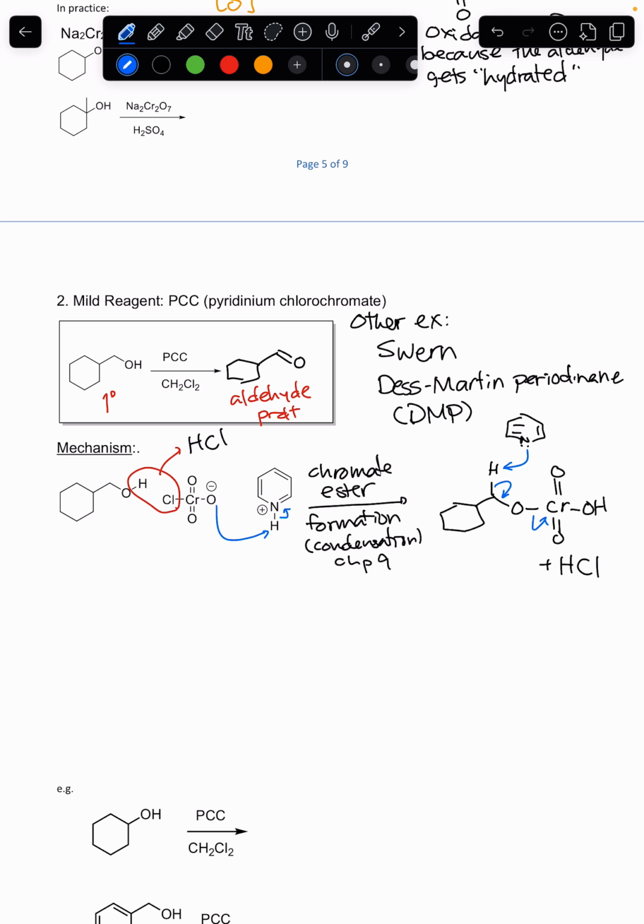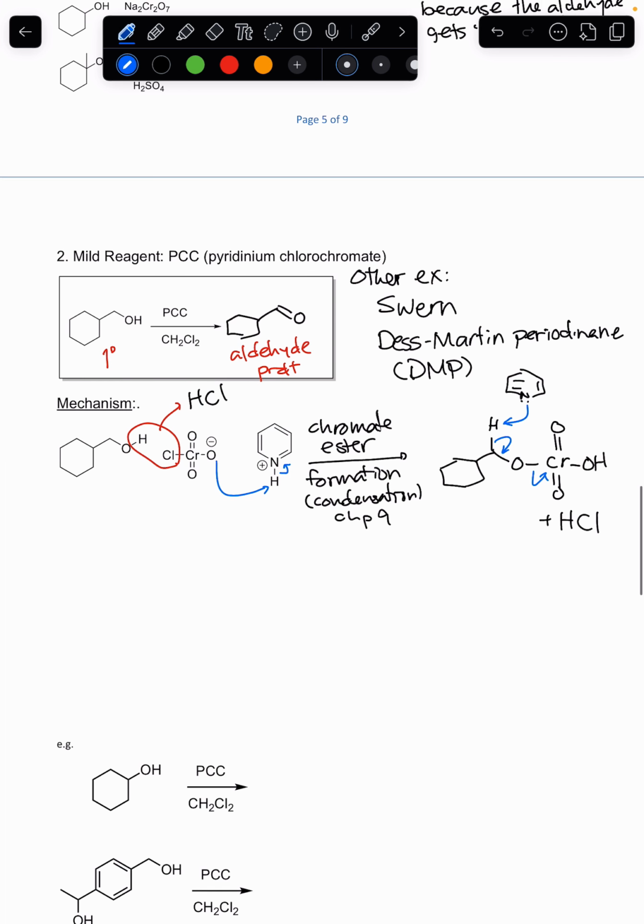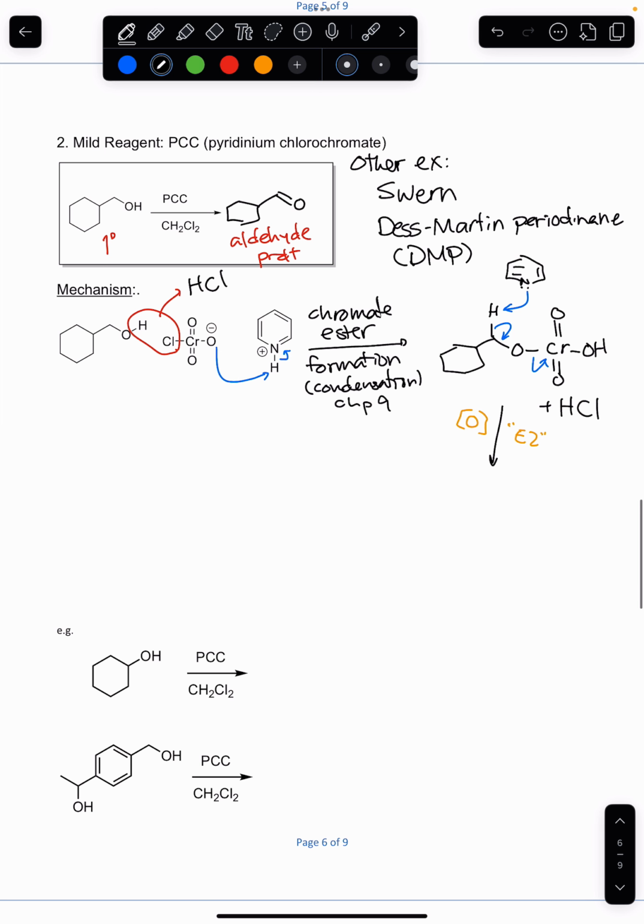But pyridine can act as a base to pull that proton off. Remember, that's sort of the oxidation step. It's kind of like an E2 reaction. And then, of course, you get to the same aldehyde.